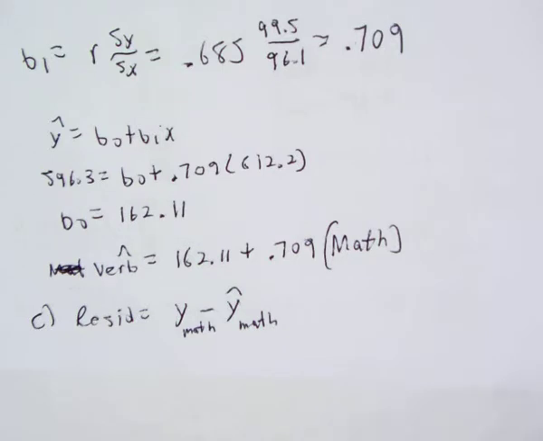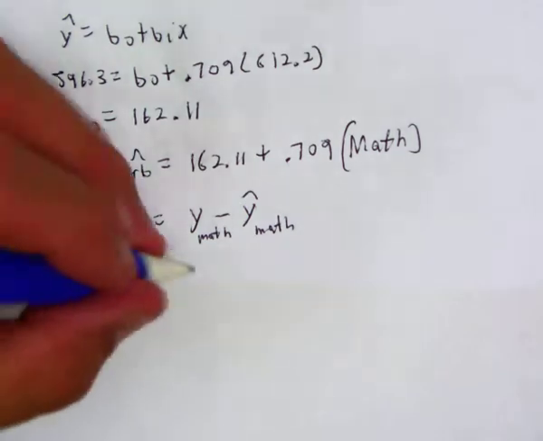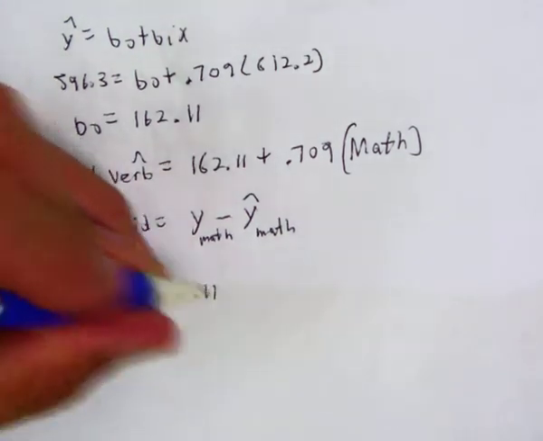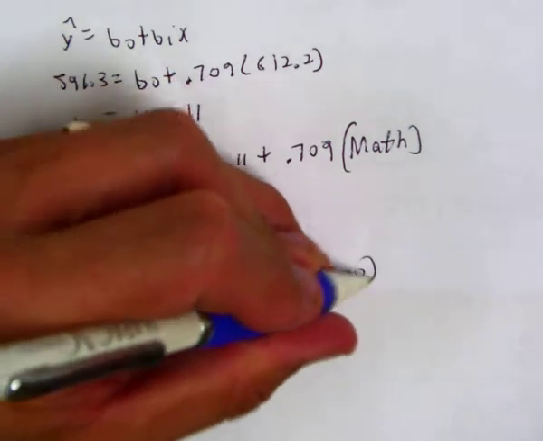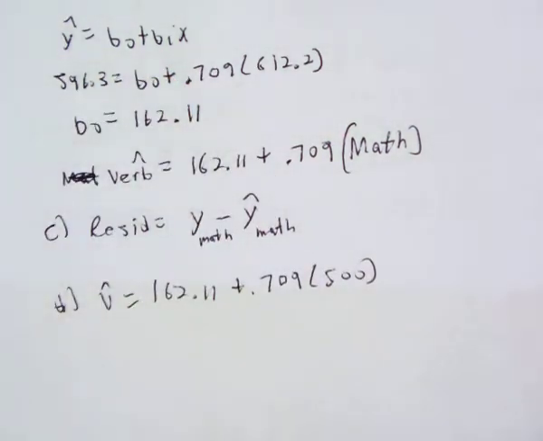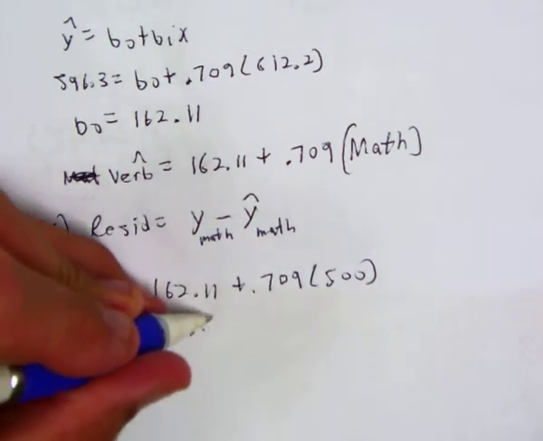So now, the person got 500 on math. So what's her verbal score? So we get 162.11 plus 0.709 times 500. And if we do that, we get 516.61.